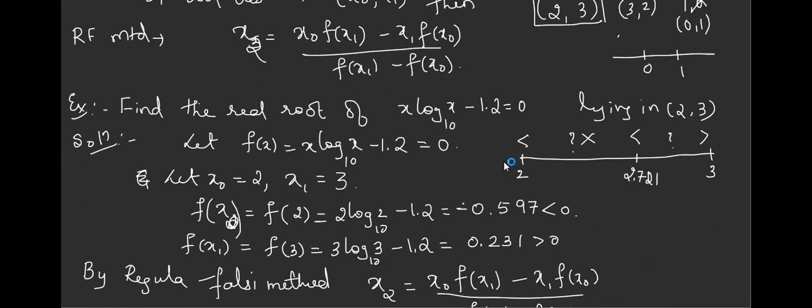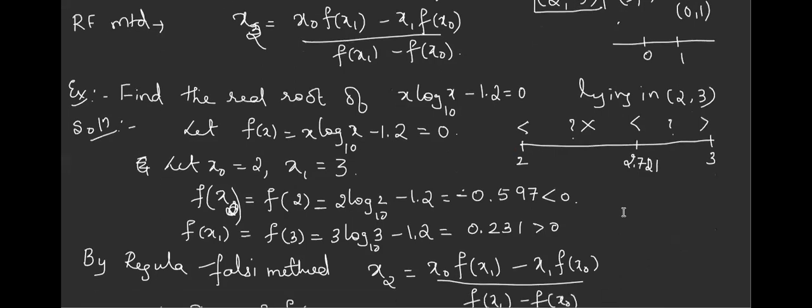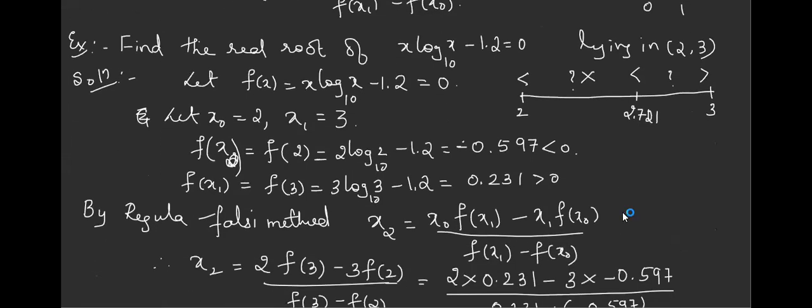Now, f of this 2.721 is negative. Am I right? We are getting it as negative. So it has to be chosen with the earlier value which is giving me positive. This is one more way of explaining. Earlier there are 2 and 3. This is negative, so I have to choose with what is positive. So should I choose 2 or 3? 3, obviously.